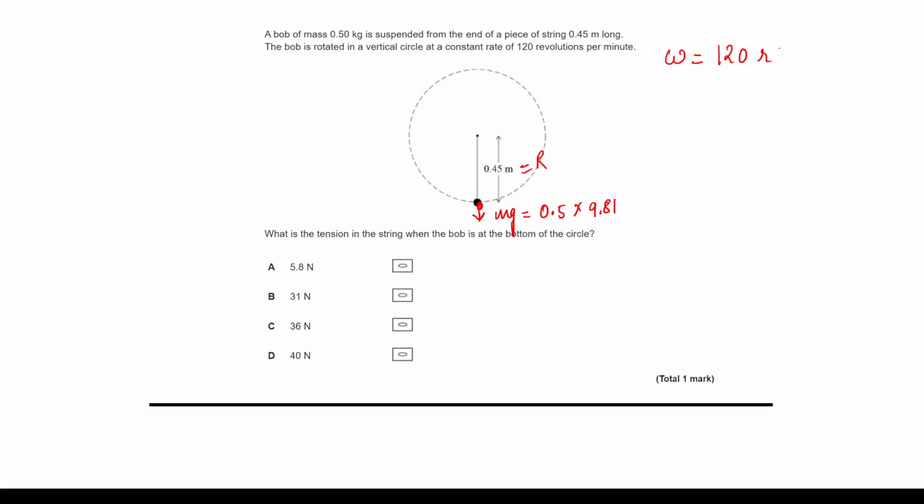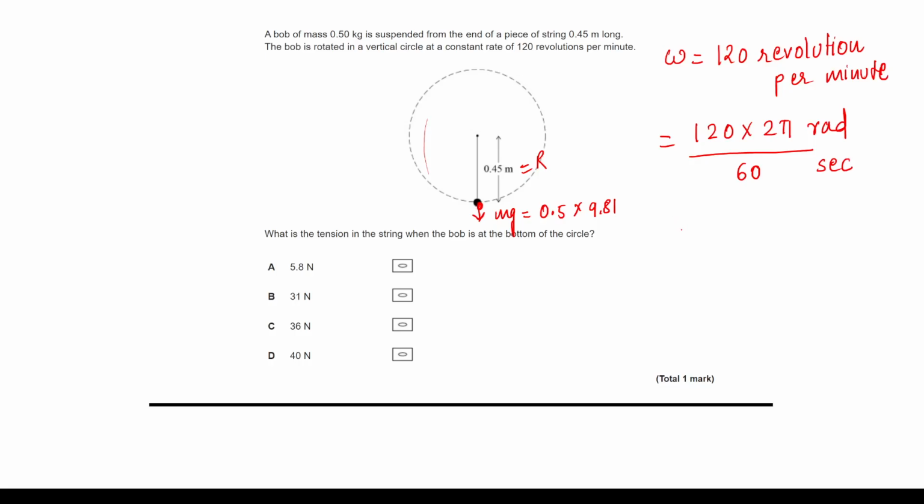Sometimes it is measured in revolutions also, but one revolution would be how many radians? One revolution is 360 degrees, so 2 pi radians. So 120 times 2 pi converted into radians, and this is per minute. I want per second, so divide by 60.